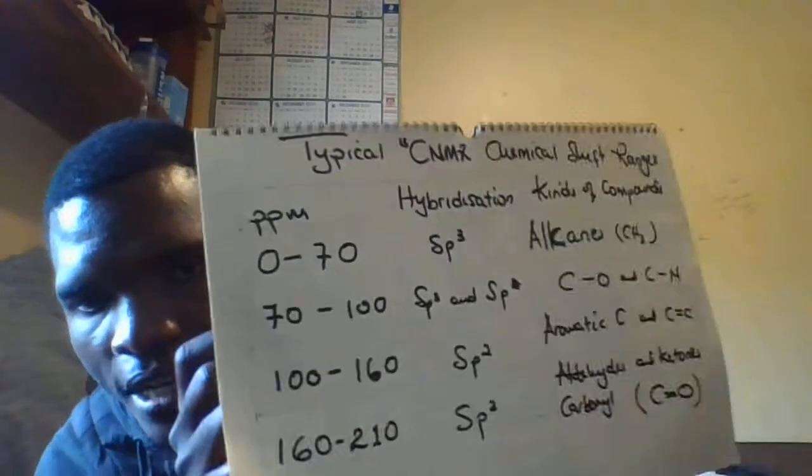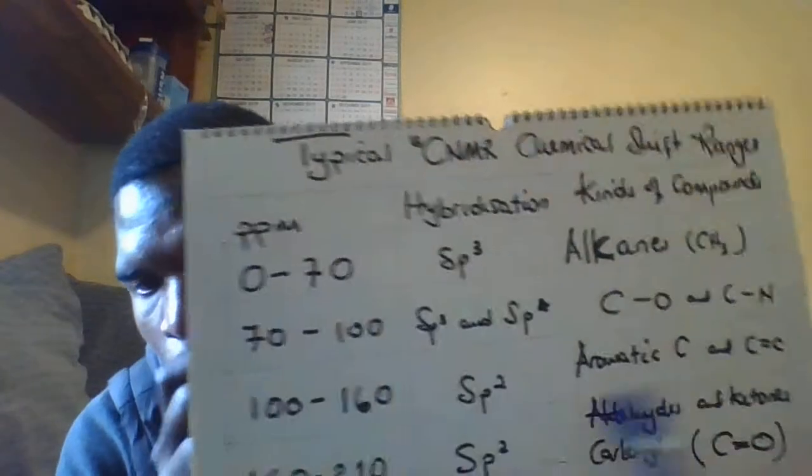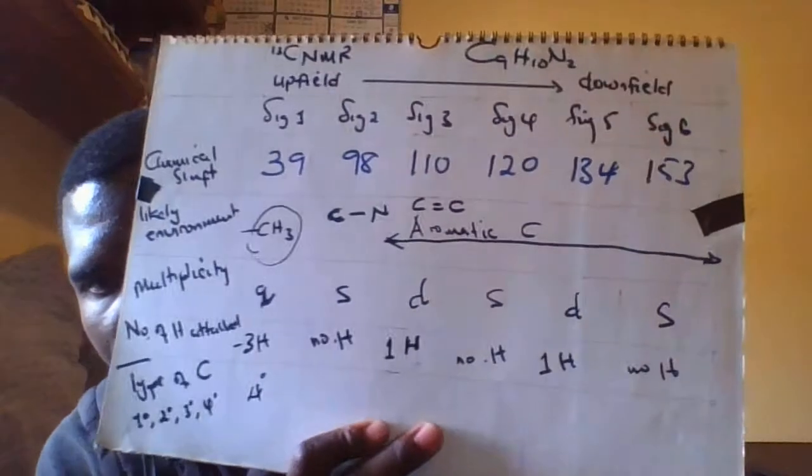Then we also have the 120, 134, and 153. Still they are falling in the same region here. So basically, this is the information that we have as far as interpreting our structure is concerned.